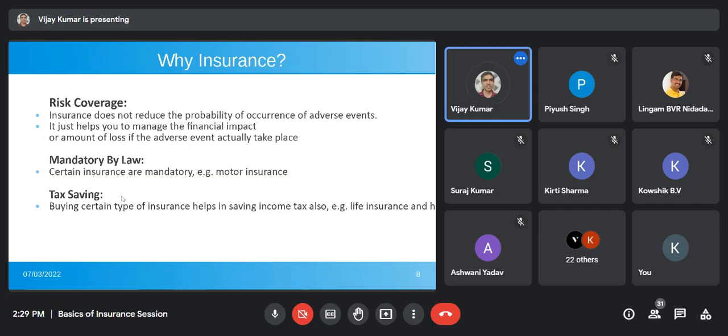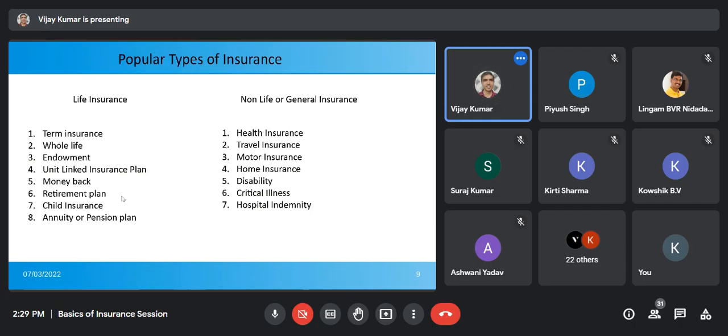Okay, let's go ahead then, and let's now talk about the popular types of insurance. We actually have multiple types, but in general there are only two categories. One is life insurance and one is non-life insurance, or we call it general insurance. A lot of you might have heard of the Life Insurance Corporation of India, which is LIC, right?